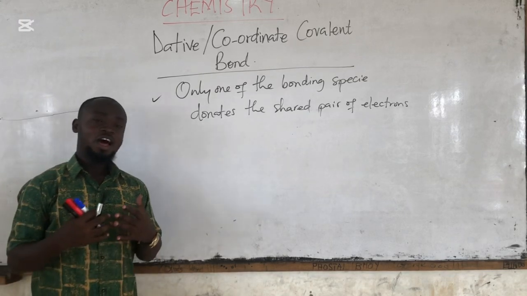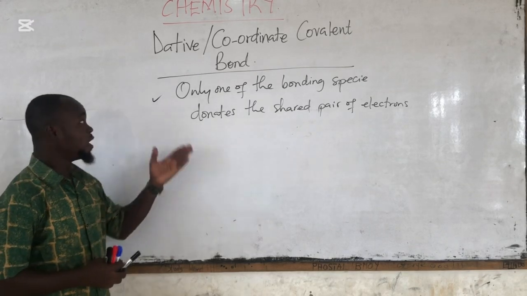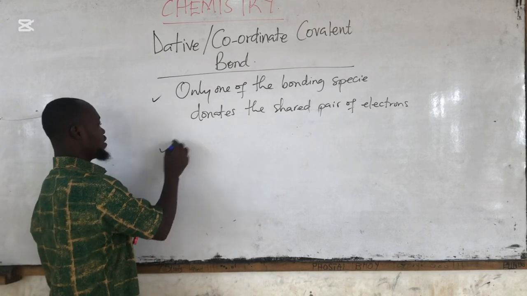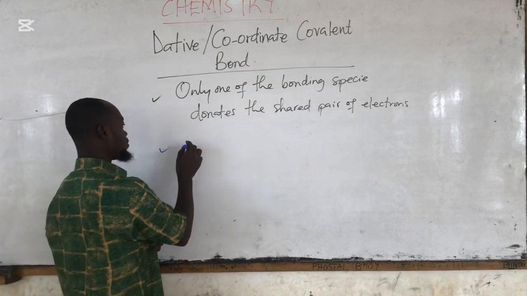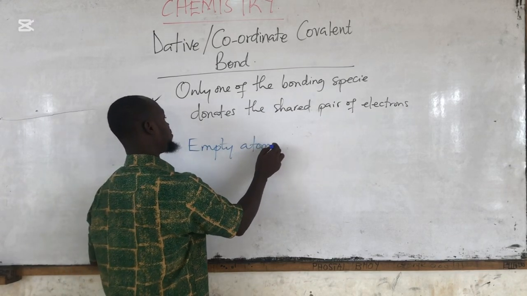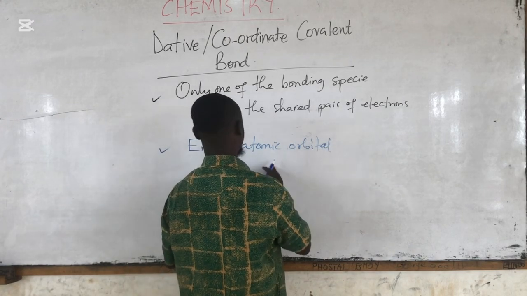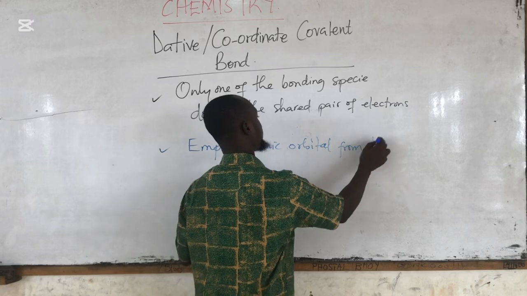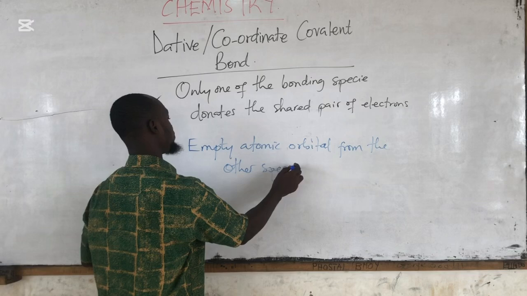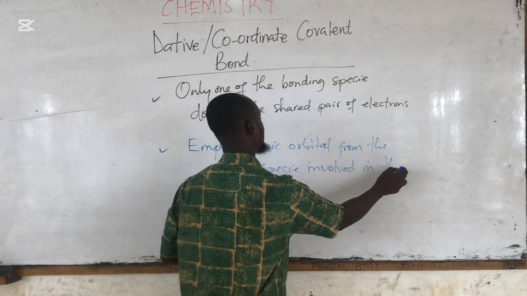Another condition needed for dative covalency to occur is that apart from only one doing the donation, the other one should also possess an empty atomic orbital from the other species involved in the bond.